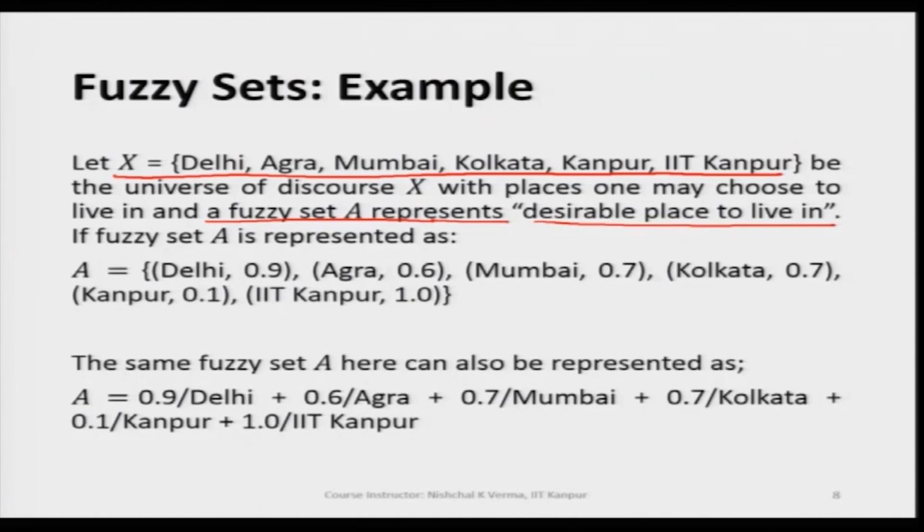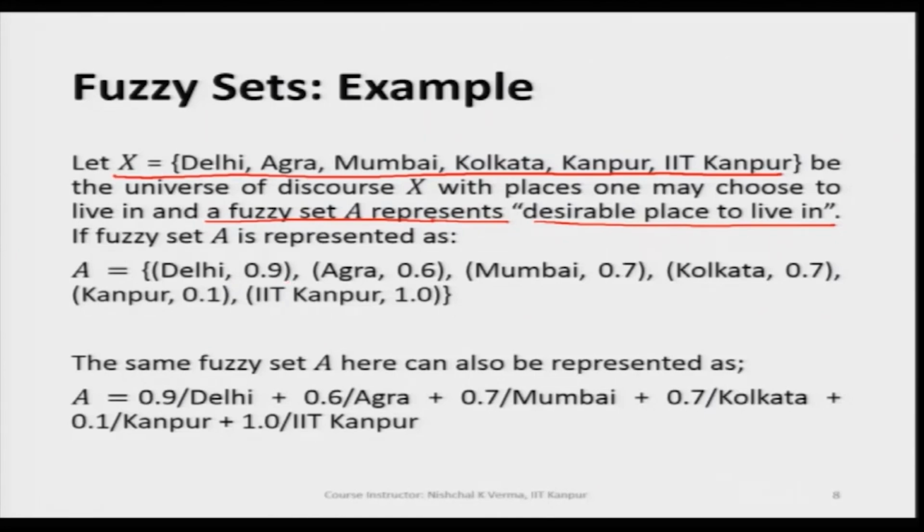So, Delhi has 0.9 membership value. It means that I am liking this comparatively, if we have other places to choose. So, Delhi with 0.9 means that we are liking this 90% or something like that.